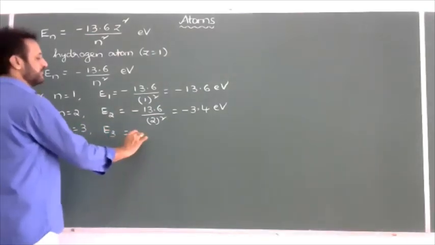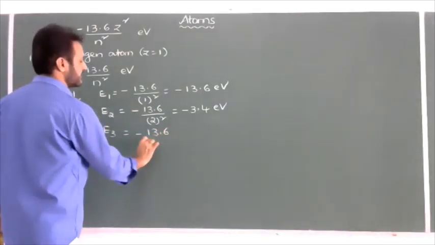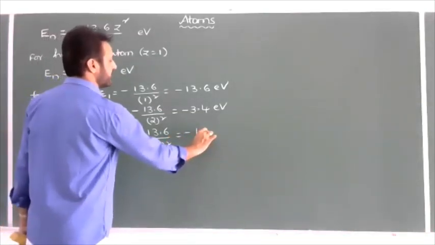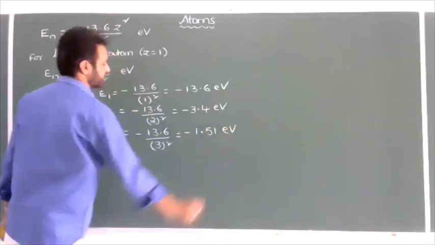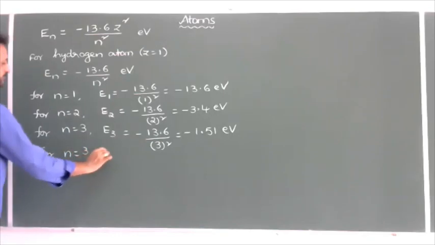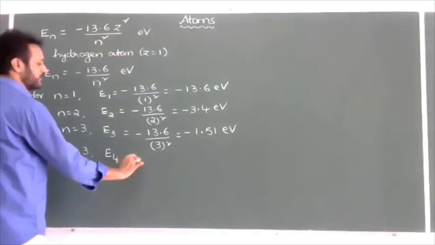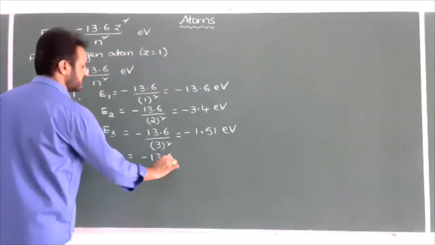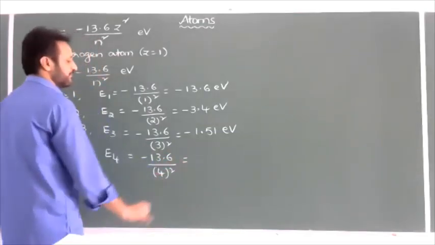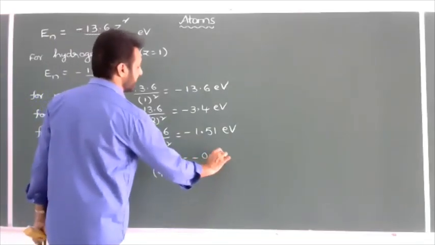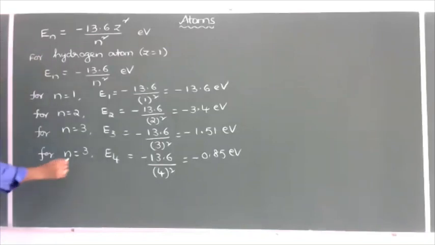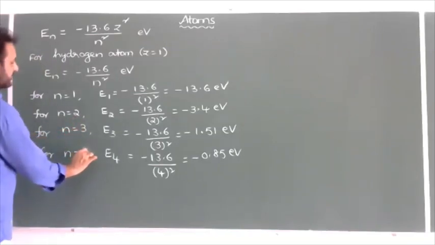E3 is equal to minus 13.6 by 3 square, which is equal to minus 1.51 electron volt. Then for the fourth orbit, n equal to 4, E4 is equal to minus 13.6 by 4 square, that is 16, equal to minus 0.85 electron volt.